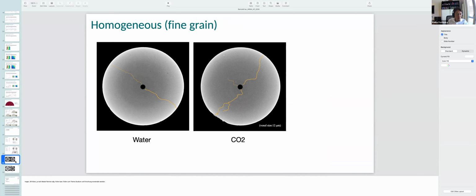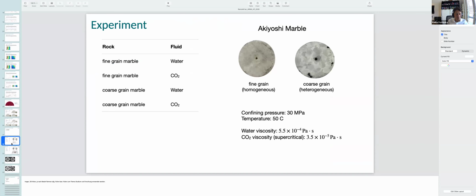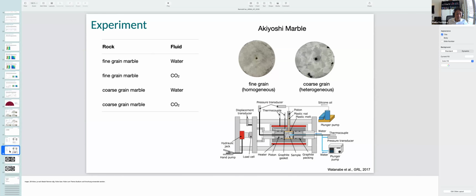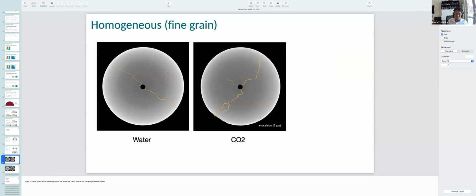Actually, they are dry samples, so it's not saturated in this experiment. But they have performed experiments in addition to this with saturated samples as well, and observations are almost identical.